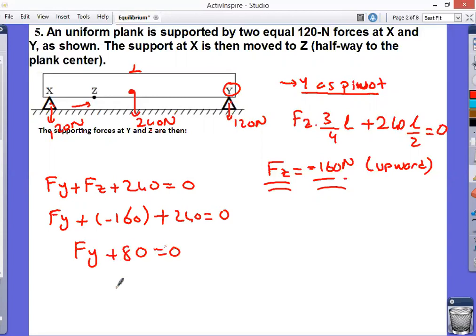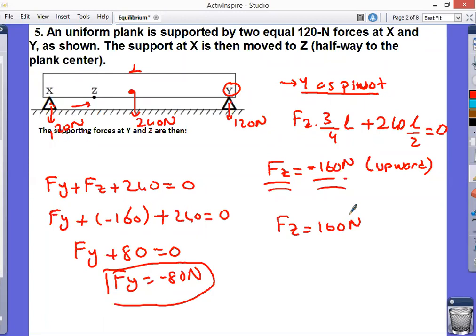Equal to 0. And then we are going to find our Y, negative 80 Newton. So that means again it is upward. So if you want to write their magnitude, you are going to write like this: Fz equal to 160 Newton and Fy equal to 80 Newton. That is going to be your answer. Okay? Any questions you guys have?